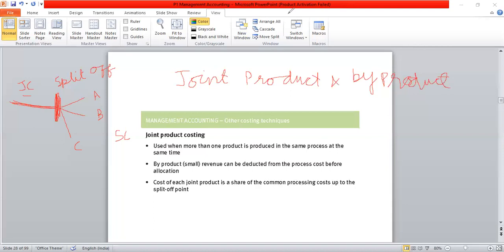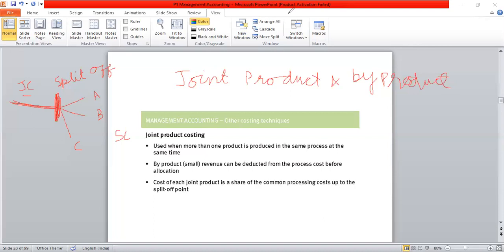But because of the production process, if there is any other product which is produced as a result, not intentionally produced, but produced because of the process through which the material goes, and it also has a very small value as compared to the joint products, we call that a byproduct.